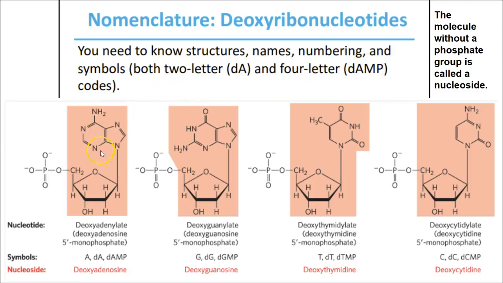Everything else is pretty much the same as far as definition, but notice that now we don't have uracil. We have the thymine that is here because that's correlated with DNA. And when you just have the base and the carbohydrate, that's a nucleoside. With the phosphate group added to it, that makes it a nucleotide.